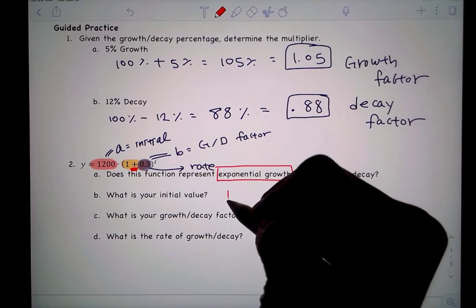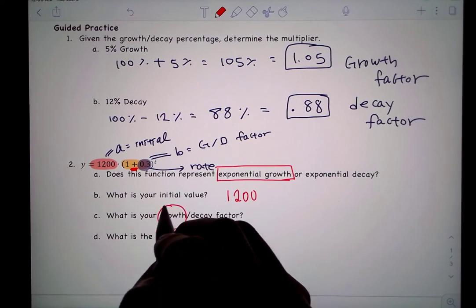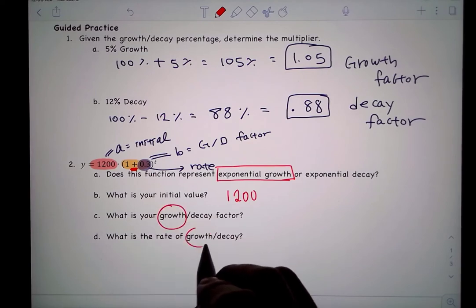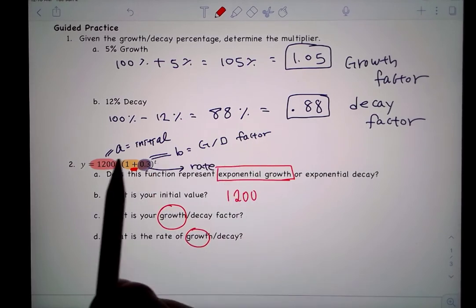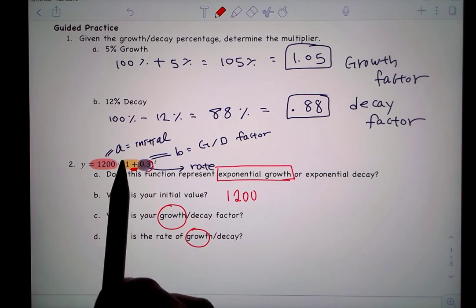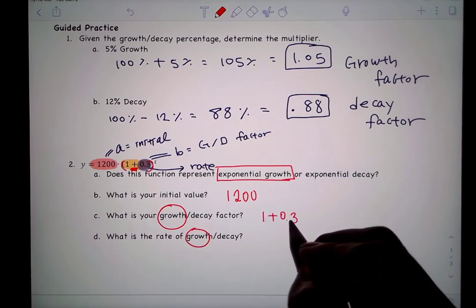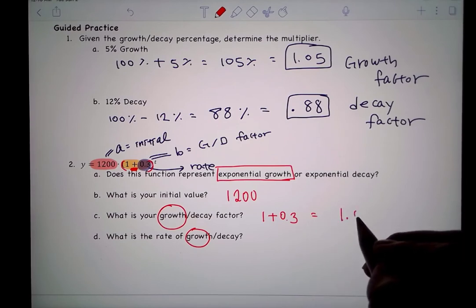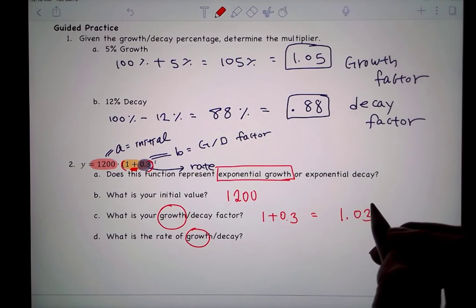So it will be 1,200. What is your growth or decay factor? In this case, it will be growth factor, right? And growth factor, I told you, will be the entire parentheses. So it's 1 plus 0.3, which is 1.03. That is my growth factor.